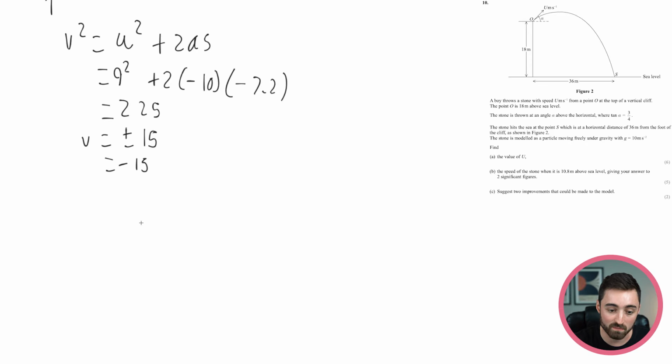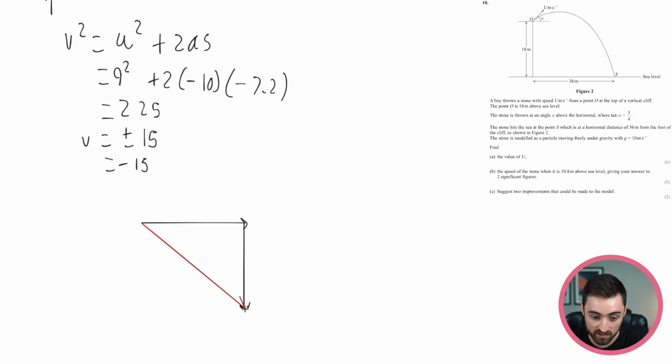Speed is made up of both your horizontal and your vertical velocity. Now, we know the vertical at this point is going to be minus 15, so this length is 15 downwards. Horizontal is never changing because, as we said, there is no horizontal acceleration.